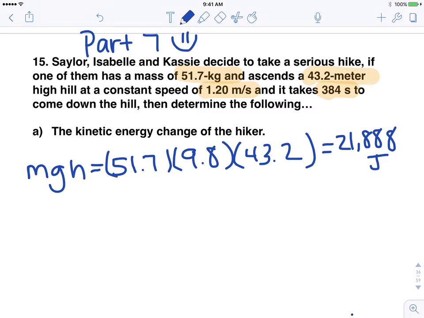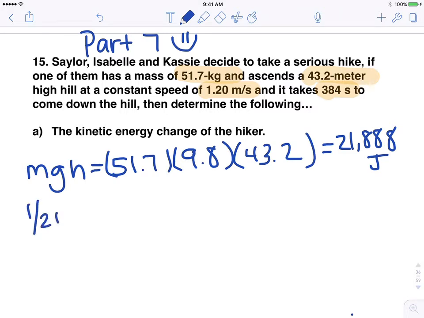Remember, on the final, you guys aren't going to really have to worry too much about rounding because there will only be 4 possible choices. And I would never make one choice 21,888 and then make another choice 21,887.7 because those are so close together. I only want one correct answer, and there will always only be one correct answer for your multiple choice problems. All right, so there's our gravitational potential energy.